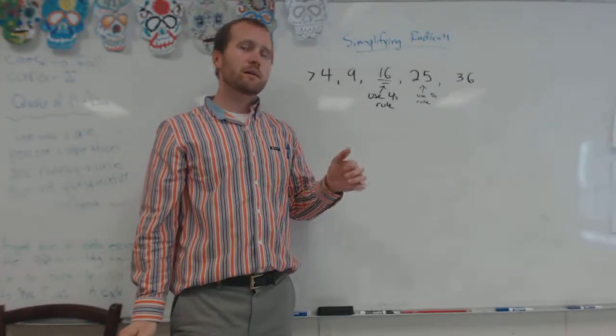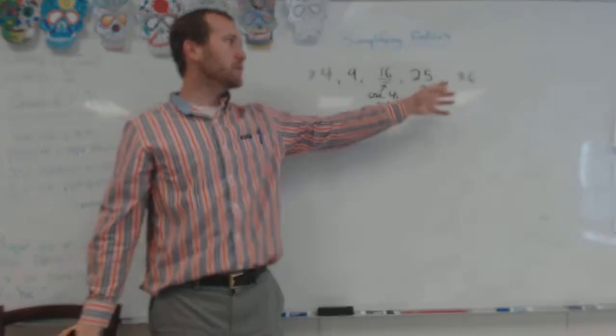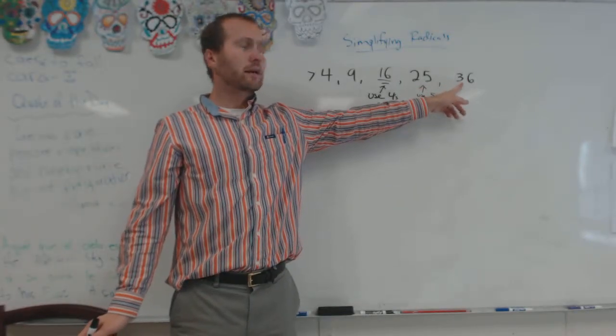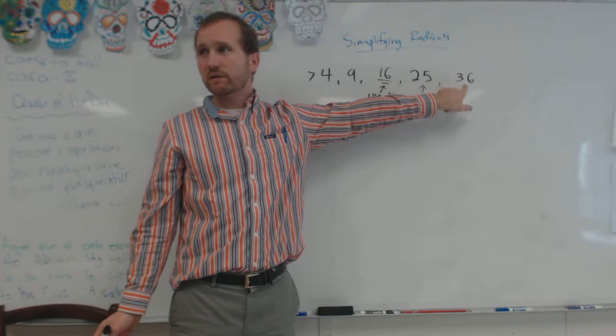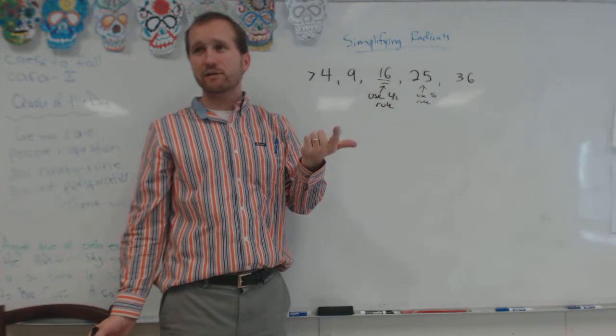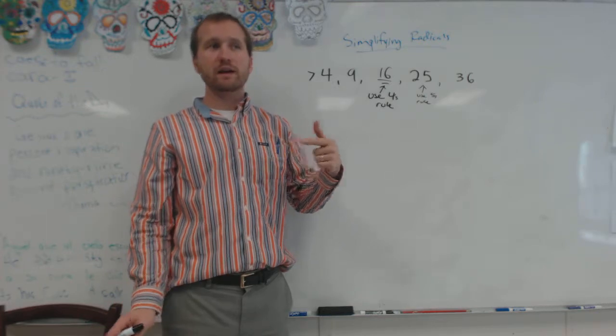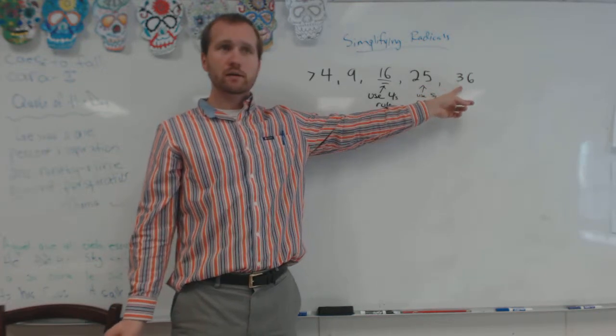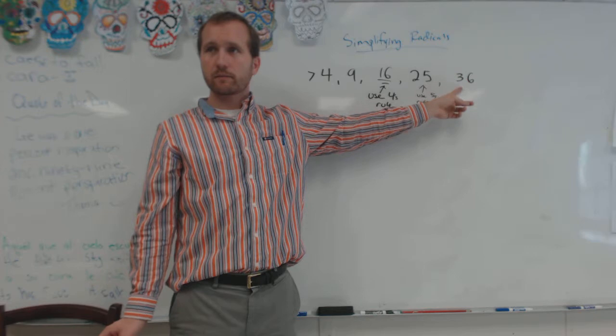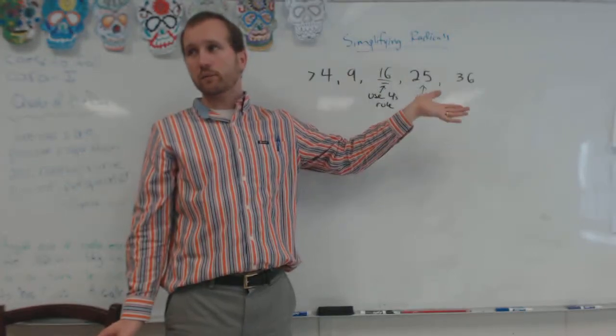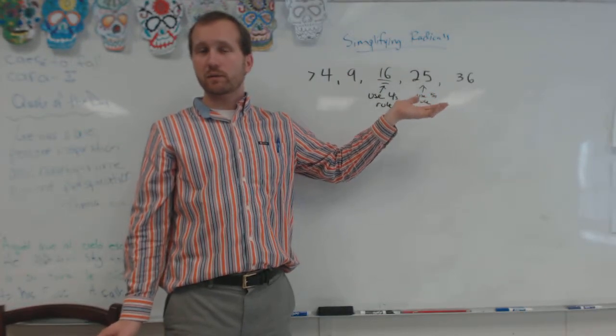I probably should have explained this a little better earlier, but a number is divisible by 6 if it's divisible by both 3 and 2. So it has to be even, right, to be divisible by 36. And then the digits would have to add up to 3, or a multiple of 3.